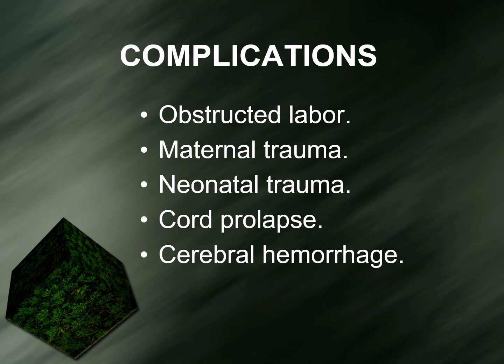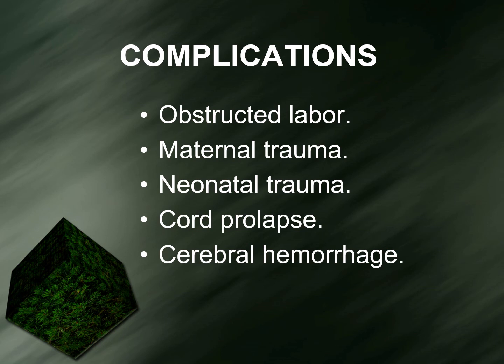And cord prolapse. We have already seen that due to the ill-fitting presenting part, sometimes the umbilical cord may escape through the sides of the presenting part. That is cord prolapse. Next is cerebral hemorrhage. If the presenting part is getting caught, in the case of arrest, there is a chance for cerebral hemorrhage.